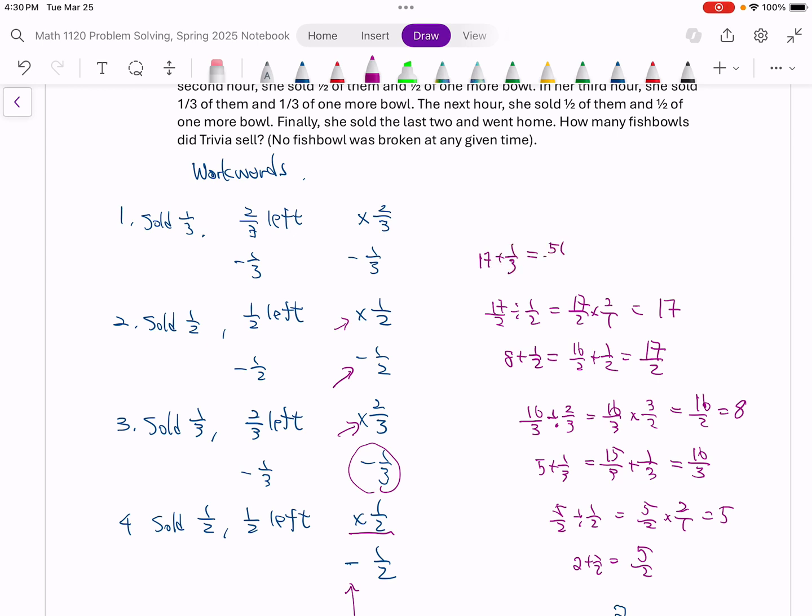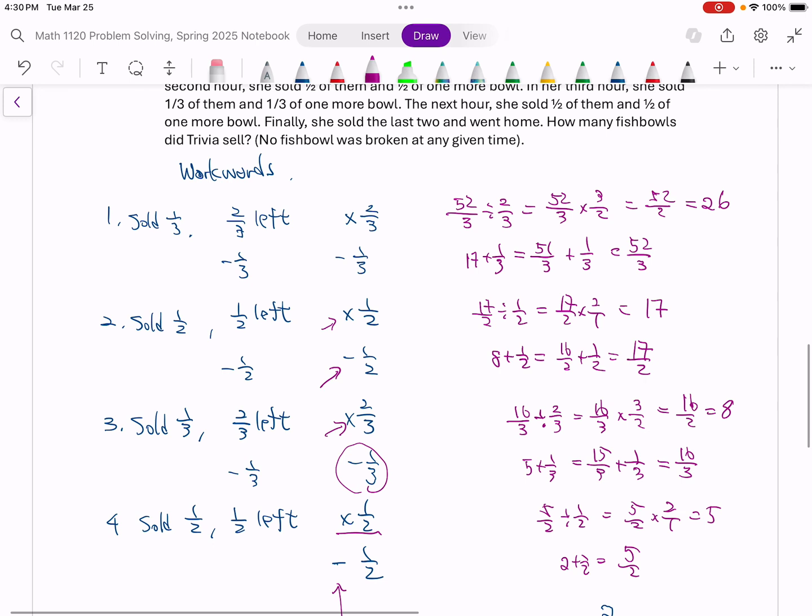That's 51/3 plus 1/3, so that's 52/3. How do you get to this number? You multiplied the previous number by 2/3. So going backwards, 52/3 divided by 2/3 equals 52/3 times 3/2. The answer is 52/2, which is 26.